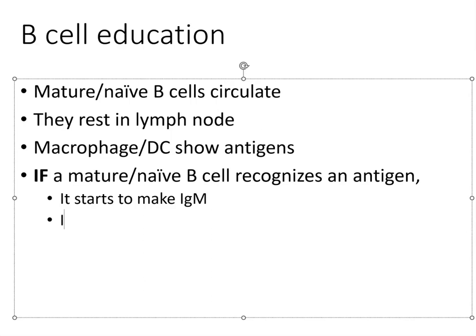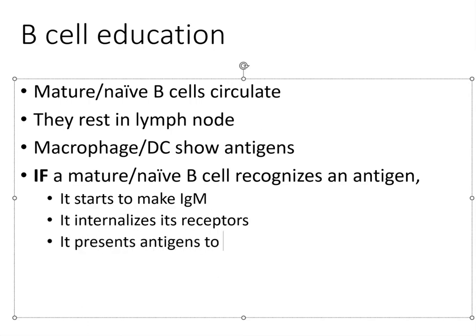What it does instead is it internalizes its receptors. So its receptors are what bound to the antigen. It brings them in through something like phagocytosis and digests them and grabs the protein antigen that they recognize, and it presents antigens to helper T cells via MHC2. So you get that? A B cell recognizes and binds its antigen when another cell shows it to it, and it brings it in and then gets ready to display it on MHC2 to a helper T cell.